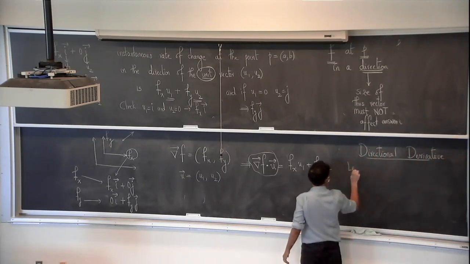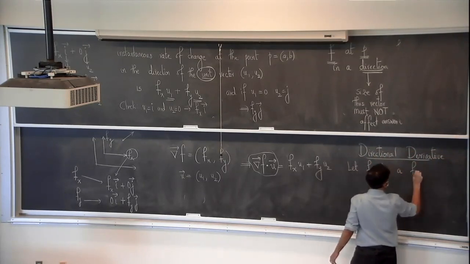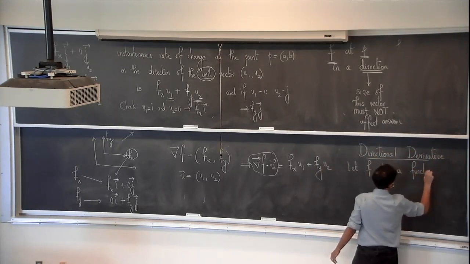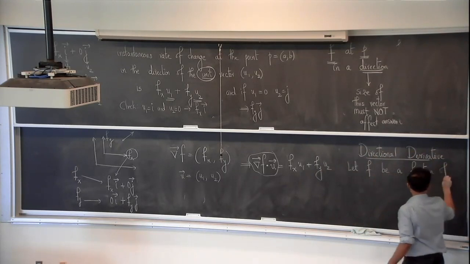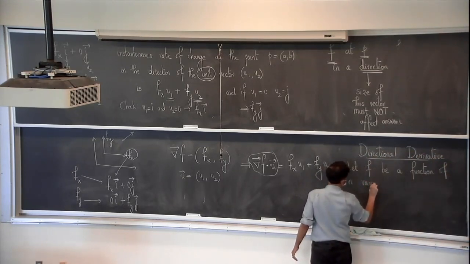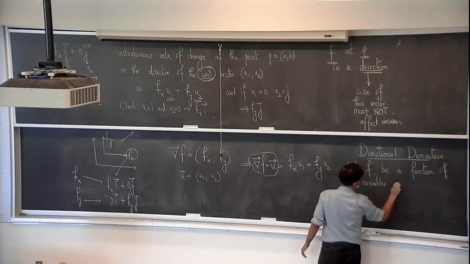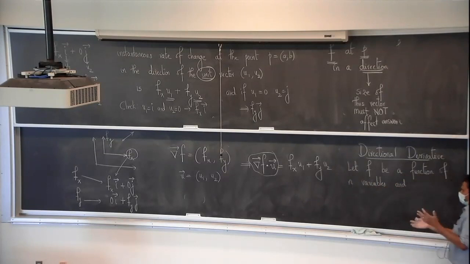So let f be a function of n variables. I don't care how many variables there are. We'll be mostly doing 2 or 3, but the sky is the limit, right?